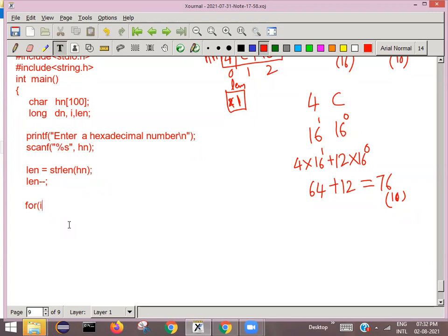For i is equal to length, i greater than or equal to 0, then say i minus minus, because I have to come to the 0th position. From right to left I need to traverse the array.